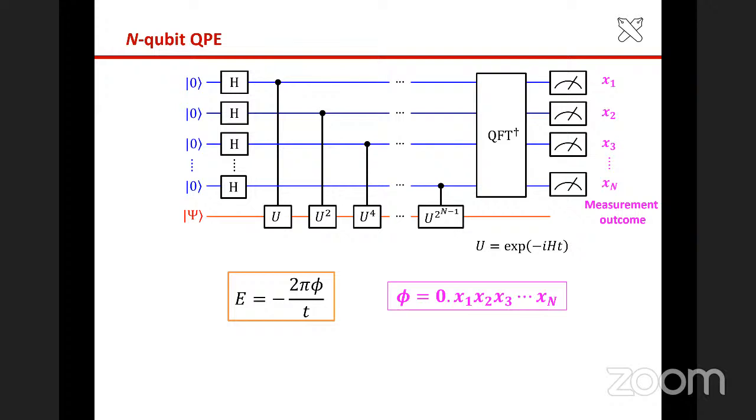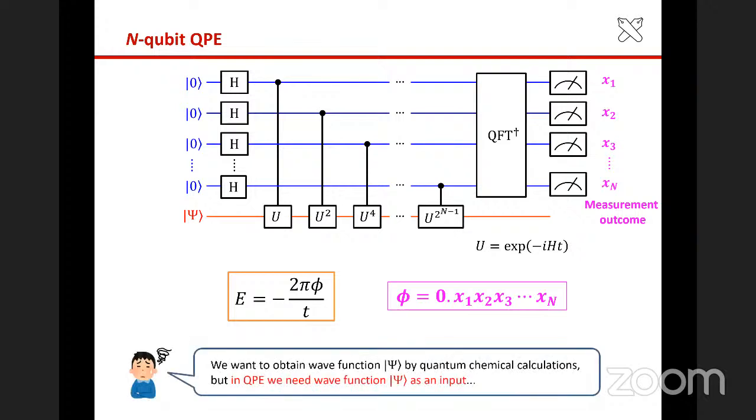But the problem is that we want to calculate the wave function, because in quantum chemical calculation we want to obtain the wave function and energy. But in QPE, we need a wave function as an input.